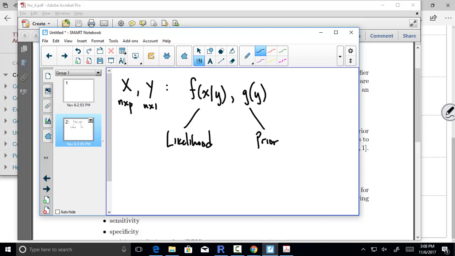It's the unknown class. Obese or not, spam or not, cancer or not. So the likelihood is like a probability of seeing the predictor variables that we saw. The prior is independent of the data and the predictor variables we saw.